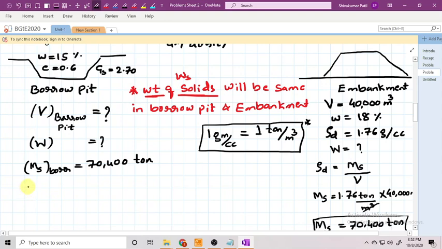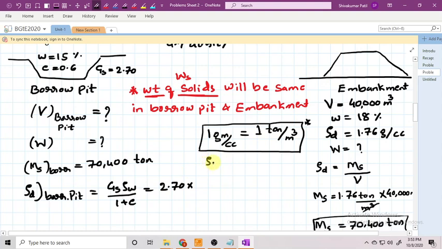So the dry density in the borrow pit. What is the formula? Dry density is Gs into density of water divided by 1 plus e. The specific gravity given is 2.7. 2.7 into density of water, that is 1 ton per meter cube, since 1 gram per cc equals 1 ton per meter cube.